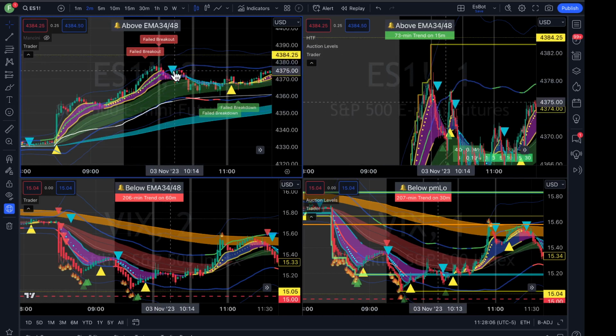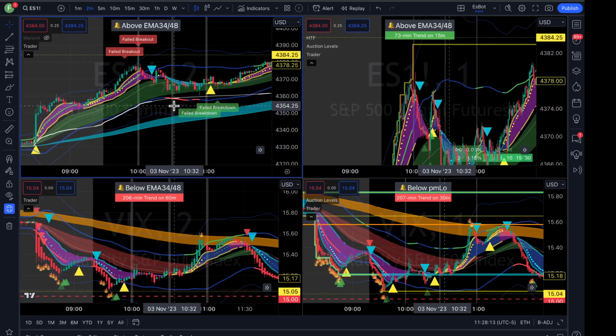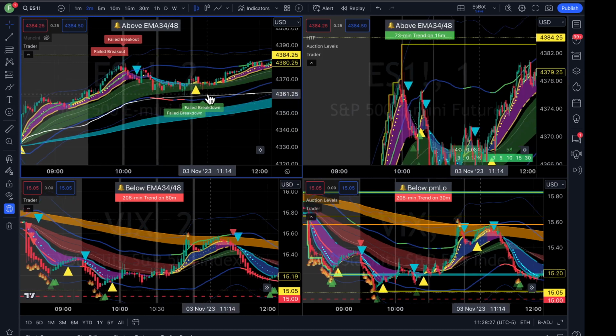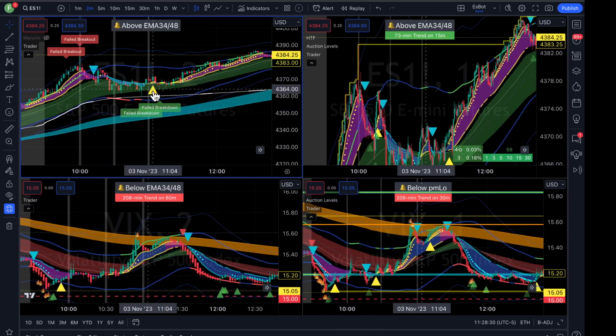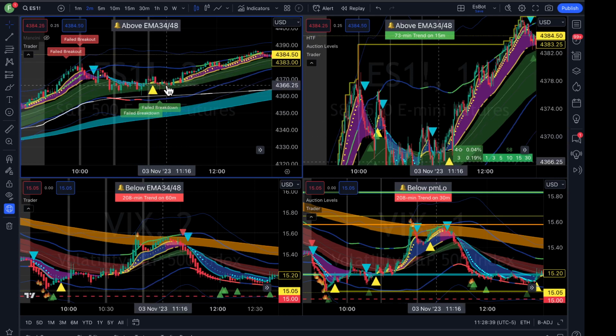So now we get a blue triangle, which on ES would mean get into puts. So the idea is, we're still bullish, and trading against the trend is very risky and unforgiving, because if you're wrong, you're going to get burned more. Whereas if you get into calls and you're with the trend, even when you're wrong, and then it drops, like if you get in here and you drop on a red candle, it's probably going to fix itself.